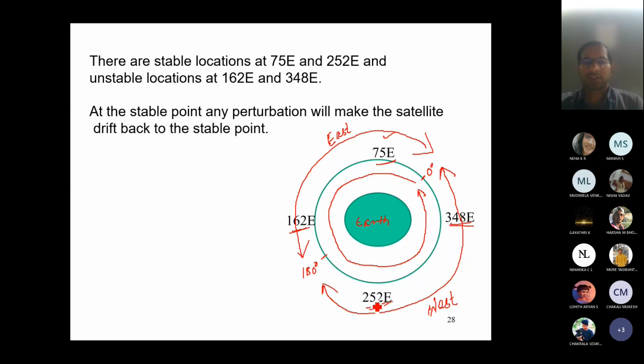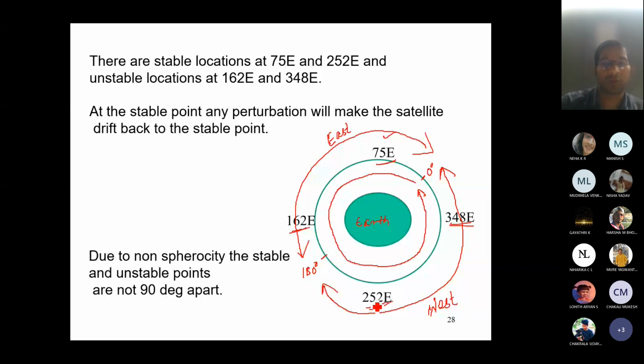So due to non-sphericity, the stable and unstable points are not 90° apart. Again, one more point. If you observe, this is one stable point, this is one stable point. So these two stable points are not 180° apart.